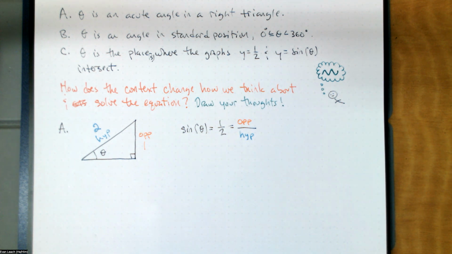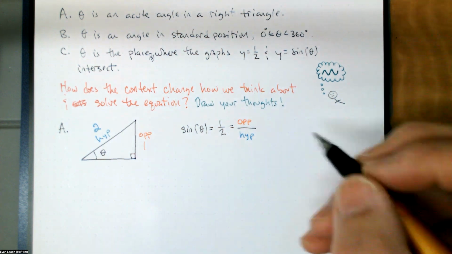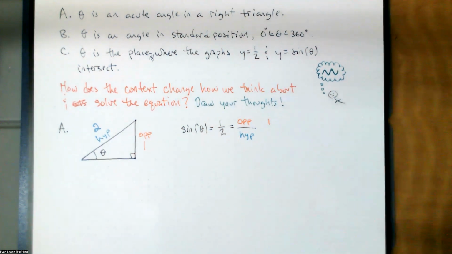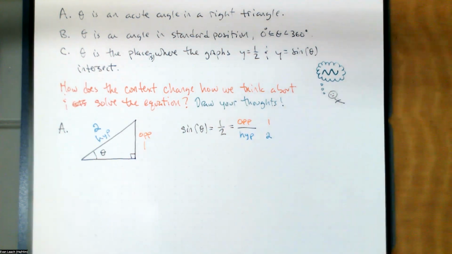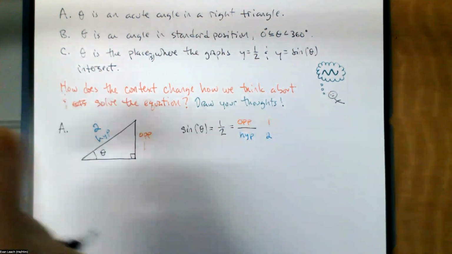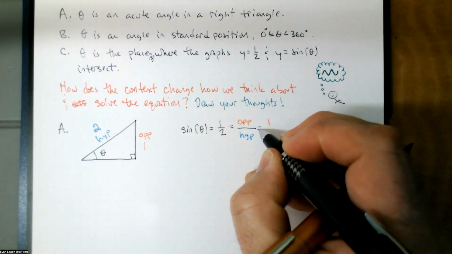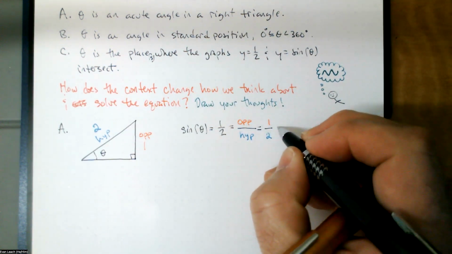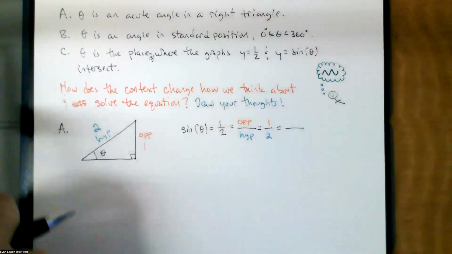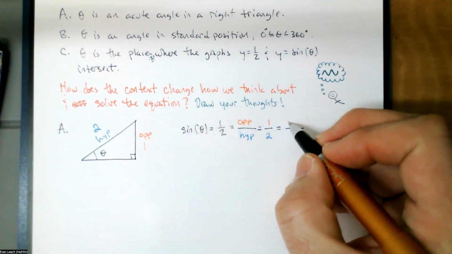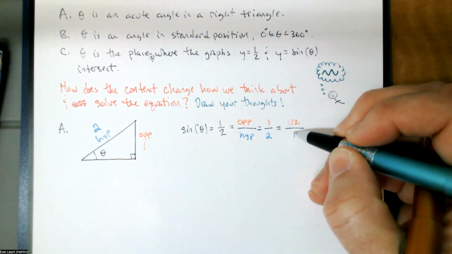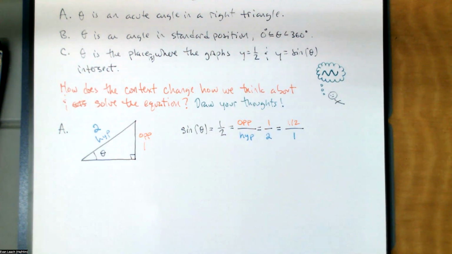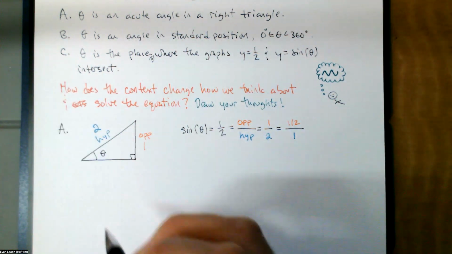So we can think of this 1/2 as a 1 over a 2. But trig functions in right triangles are defined as ratios, and this is the same ratio as an opposite of 1/2 and a hypotenuse of 1. So I can just draw a right triangle that's half the size of this one, and we'll have the same angle.